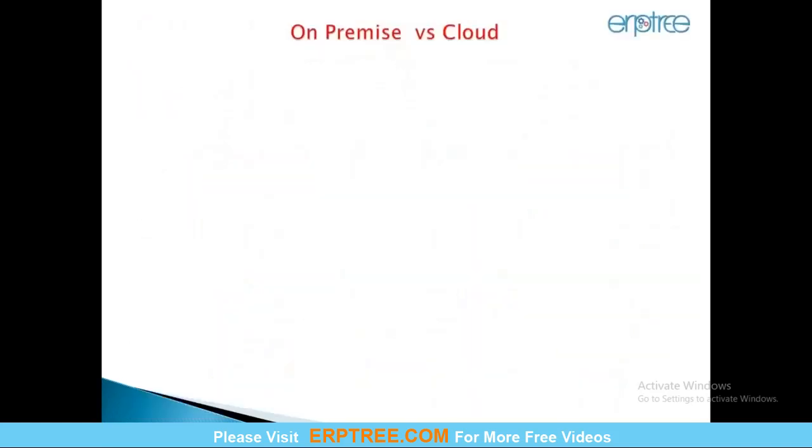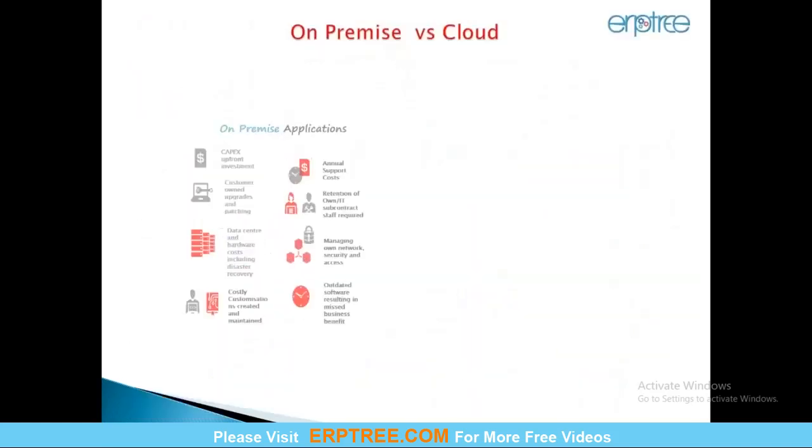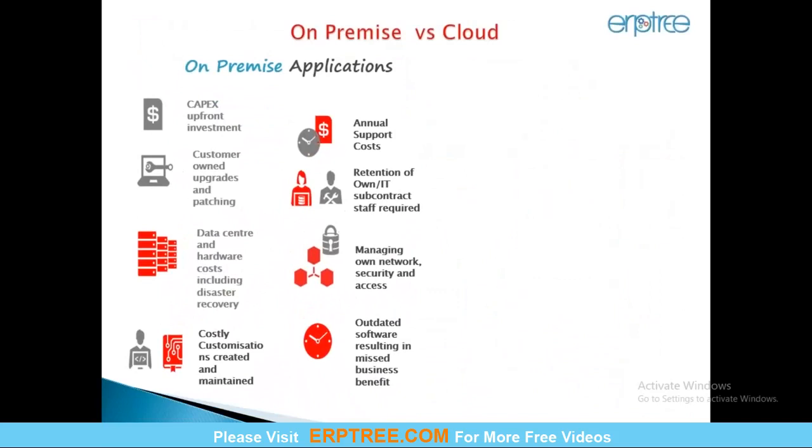There are a few differences from on-premise to cloud. We will discuss that quickly. When it is on-premise, you will have to invest a lot of capital for the application, the data center, the database, and all the servers, upfront, whether or not you know or can predict your future.